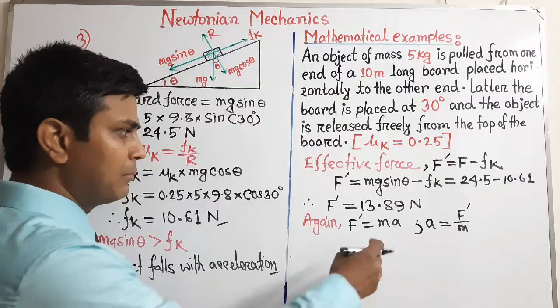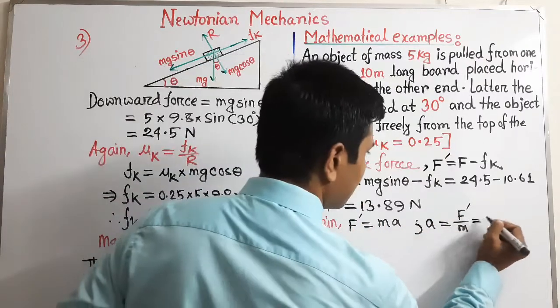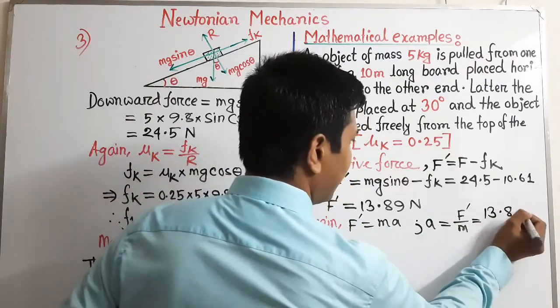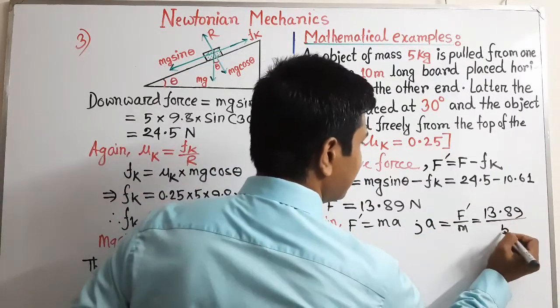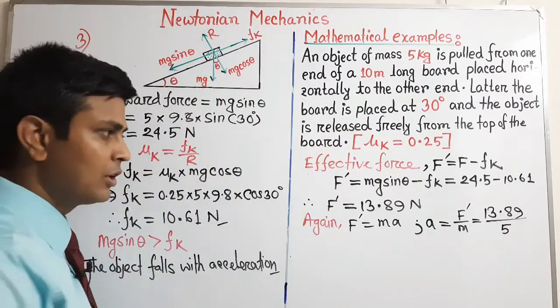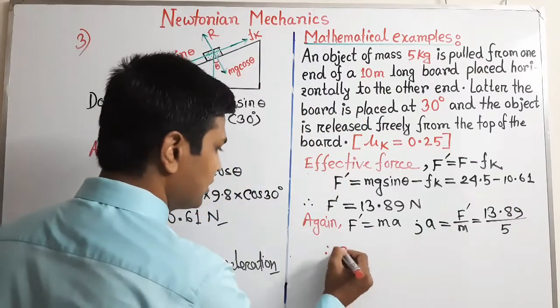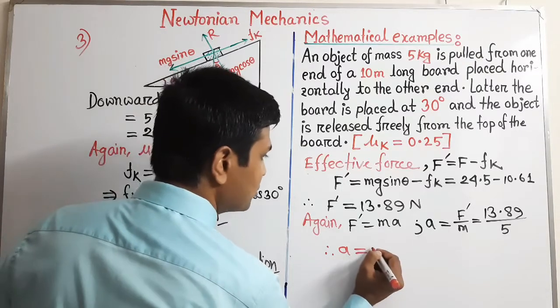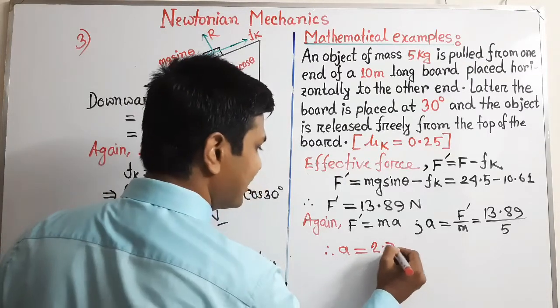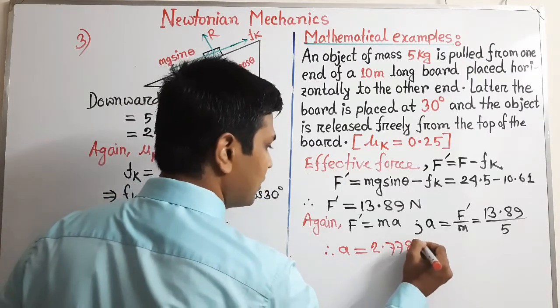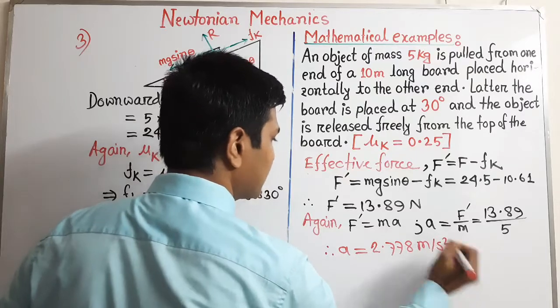Now F prime is 13.89 and mass is given as 5. After calculating this expression, we will get the acceleration a, which is equal to 2.778 meter per second square.